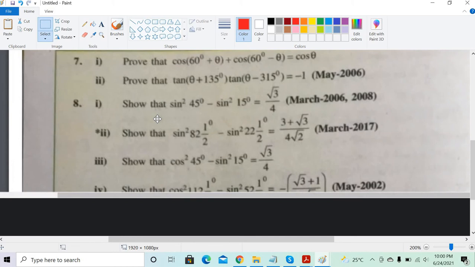So what else is there? Sin 18, you can find it out by yourself also. So you put x as 18, okay? So 5x will be equal to 90. Then 2x plus 3x is equal to 90.